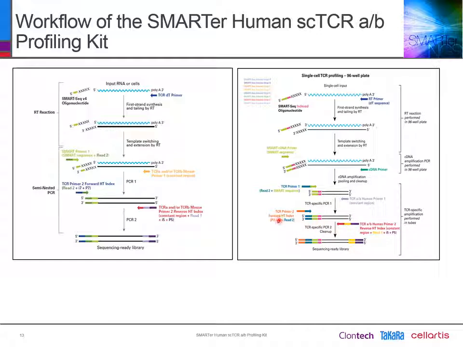Then you do an additional round of nested PCR where now you have incorporated the Illumina indexes and have complementarity to this read primer 2 as well as part of the reverse index. So what you eventually end up with again is a full-length library with Illumina indexes and barcodes.